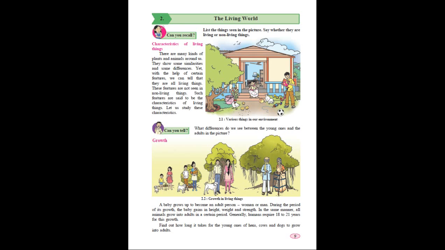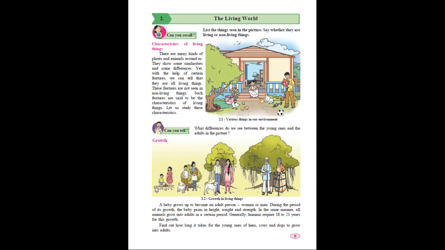For example, we see different types of plants: trees, herbs, shrubs, small plants, and plants having lots of spines and thorns. Some are very long trees, some are very short. In animals also we see a variety: some are big animals, and some are very small, like insects, right?